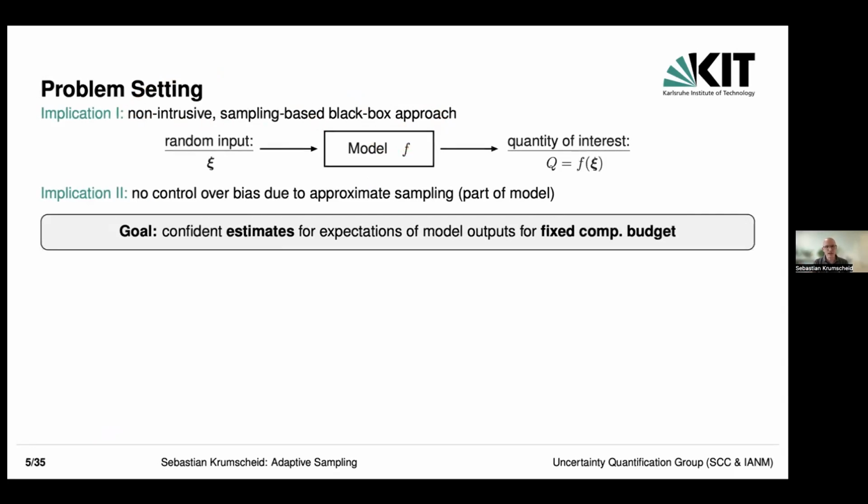It's fed some random input psi, in my notation, and as usual computes a quantity of interest Q. Typically I would be tempted to work in some kind of multi-level framework, but here the assumption is that remeshing is too expensive, so we have no control over the bias. Or put differently, we simply say, hey, dear practitioner, please tune our model F in such a way that you trust its physics predictions. So we really have just this model F.